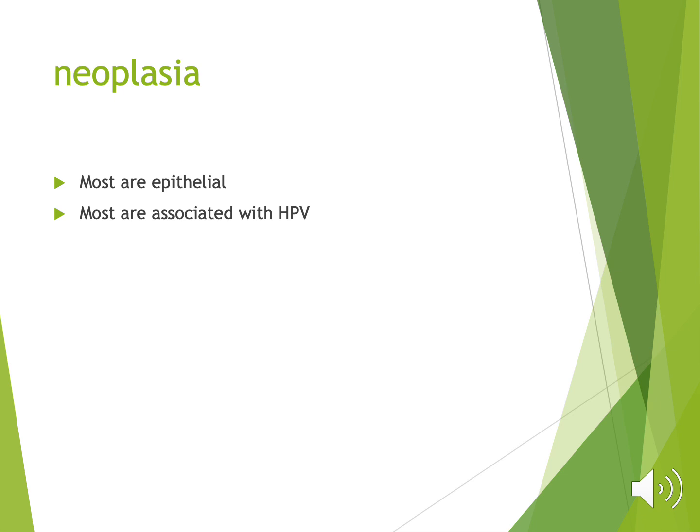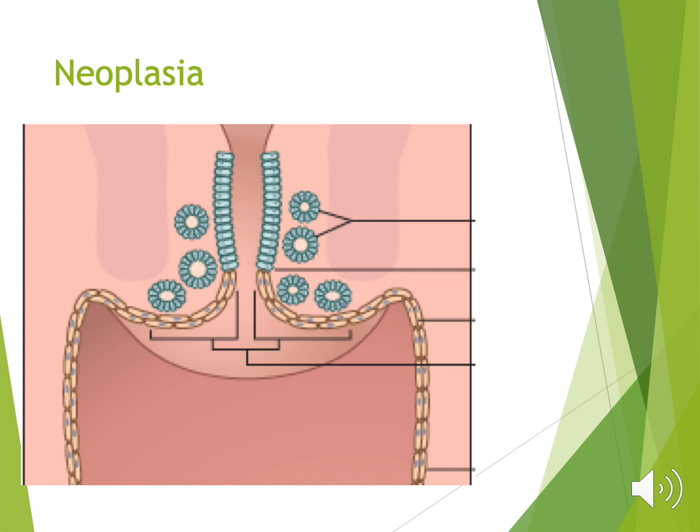Most neoplasms of the cervix are epithelial and most commonly associated with human papillomavirus. Remember, the cervix has two types of cells lining it. The upper half, represented by these blue bullets, is the glandular epithelium, composed of mucin-secreting columnar cells.